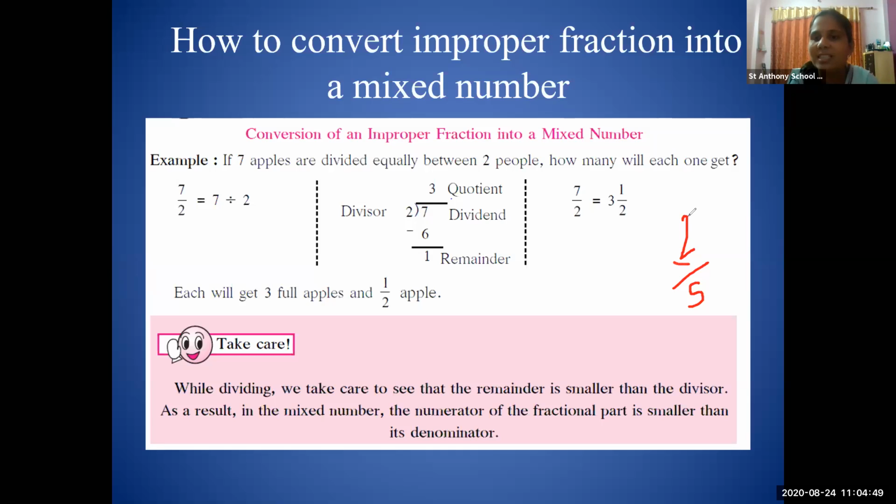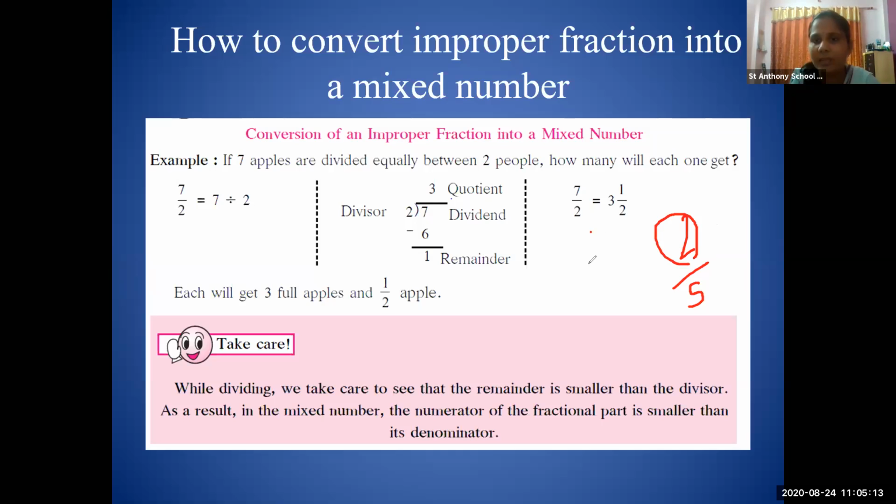Because the numerator is smaller. If the numerator is smaller than the denominator, then it is known as a proper fraction. Understood? Proper fraction. Good responses, everyone. Very good. Okay. Now, if the numerator is smaller than the denominator, then it is known as a proper fraction.